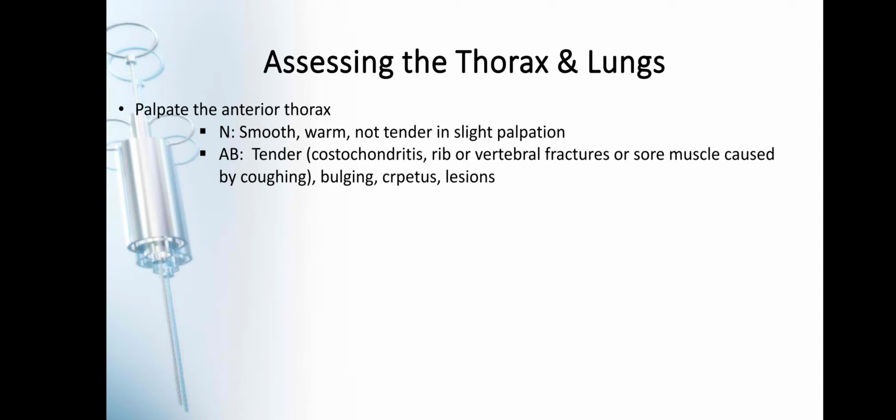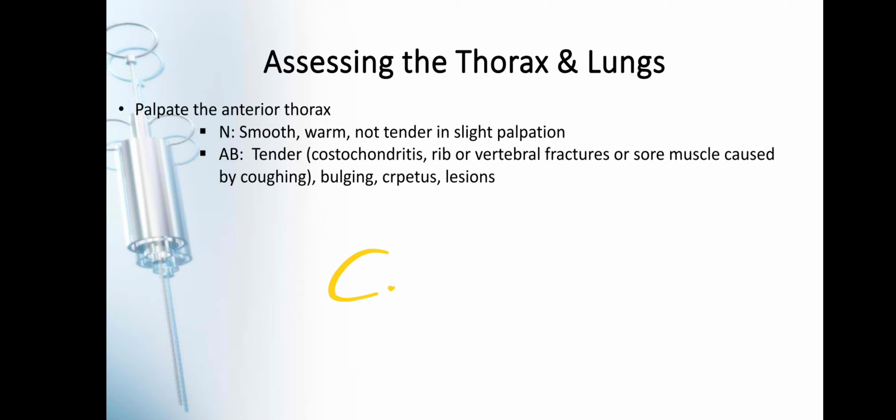Pag sabihin po nating tender, imagine that you're holding a marshmallow. Ganon, malambot siya. Tender, pag meron siyang abnormal na conditions such as costochondritis, rib or vertebral fractures or sore muscles caused by coughing, may bulging, may crepitus.